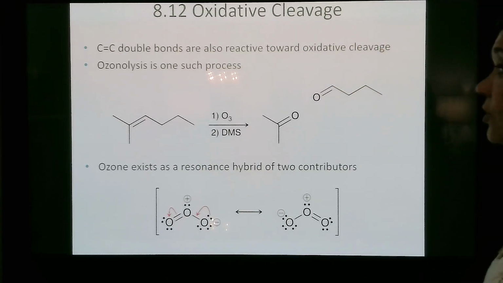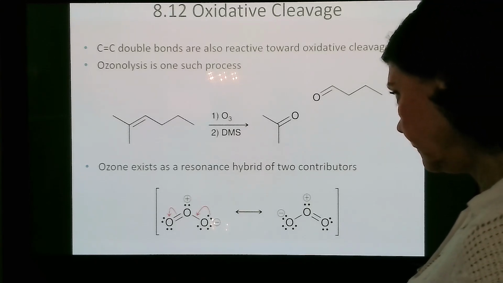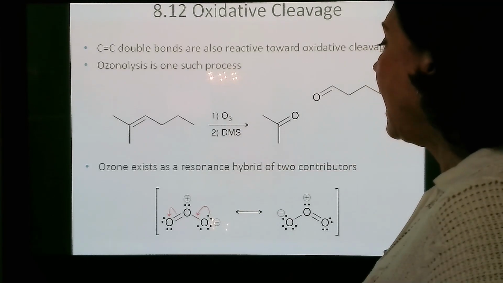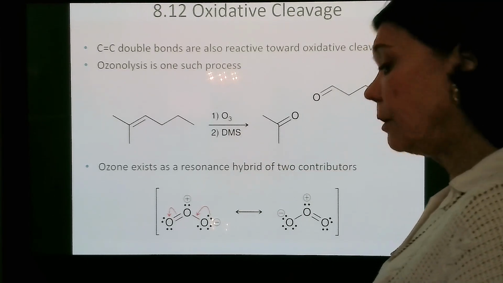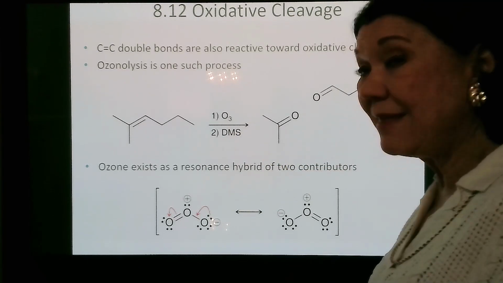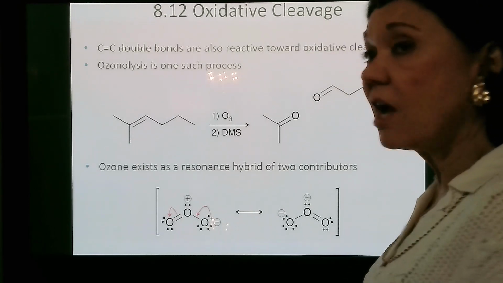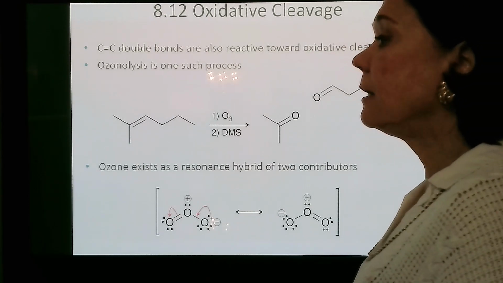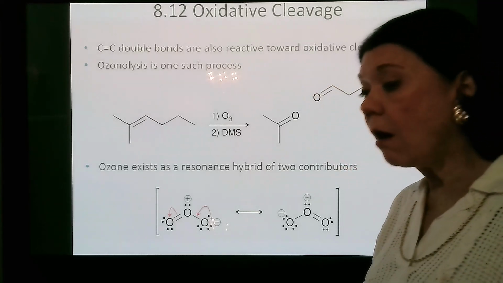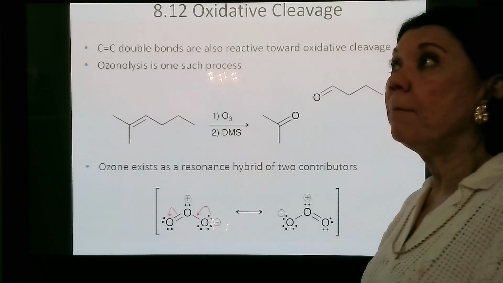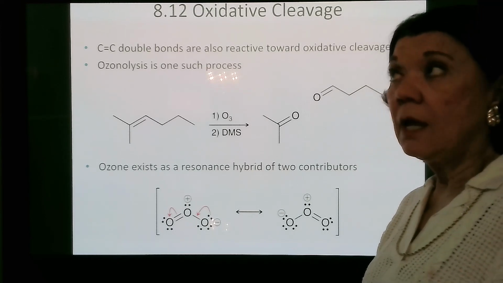And this is ozonolysis. And in ozonolysis, we're not going to really pay that much attention to the mechanisms. I think that the mechanism is covered in your textbook, but there is so much arguing over this mechanism by experts.